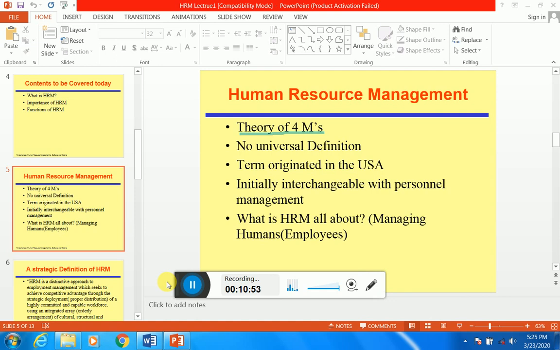Now, what is HRM basically all about? HRM is about managing the most valuable assets of an organization, the people working there. Human resource management is both an academic theory and a business practice that addresses the theoretical and practical techniques of managing a workforce. Now, a question here is why do we need human resource management?